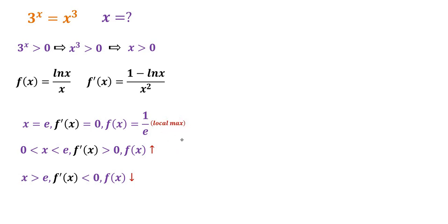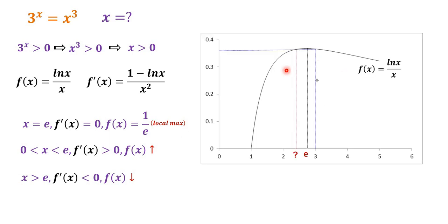So let's directly bring up the graph of the function. So here is the graph of f(x) is equal to ln x over x. So as we described, when x is equal to e there is a local maximum value, and we have 3 as one of the solutions of the original equation, and f(3) is equal to ln 3 over 3.